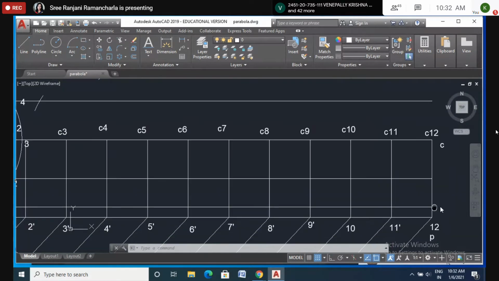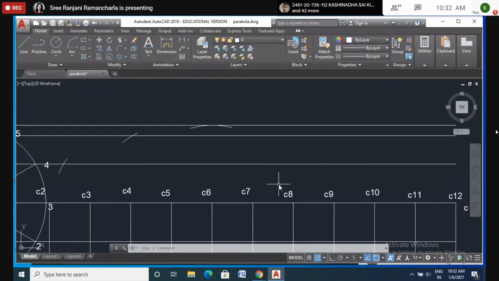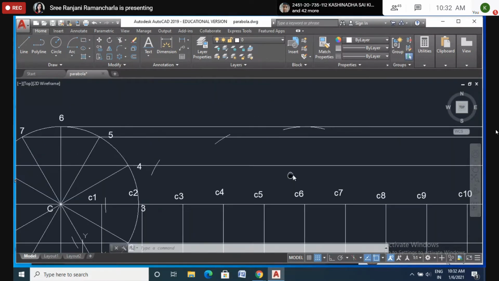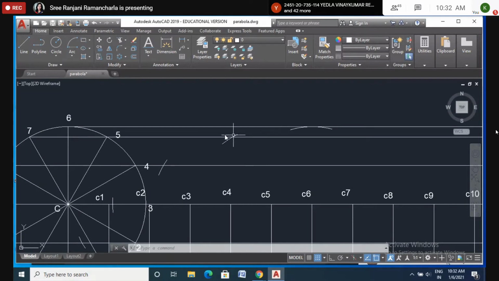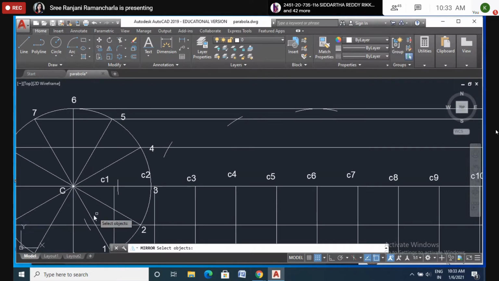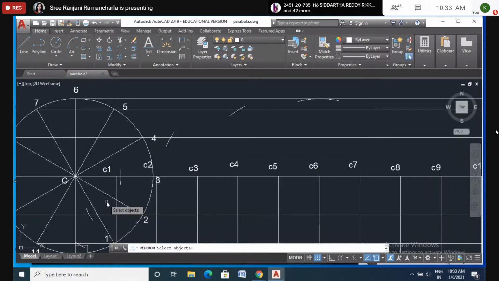Yes. So here, I don't want to use many commands. Instead of that, I want to use a mirror. So for the mirror command, I want to select this object, this one, this one, this one.